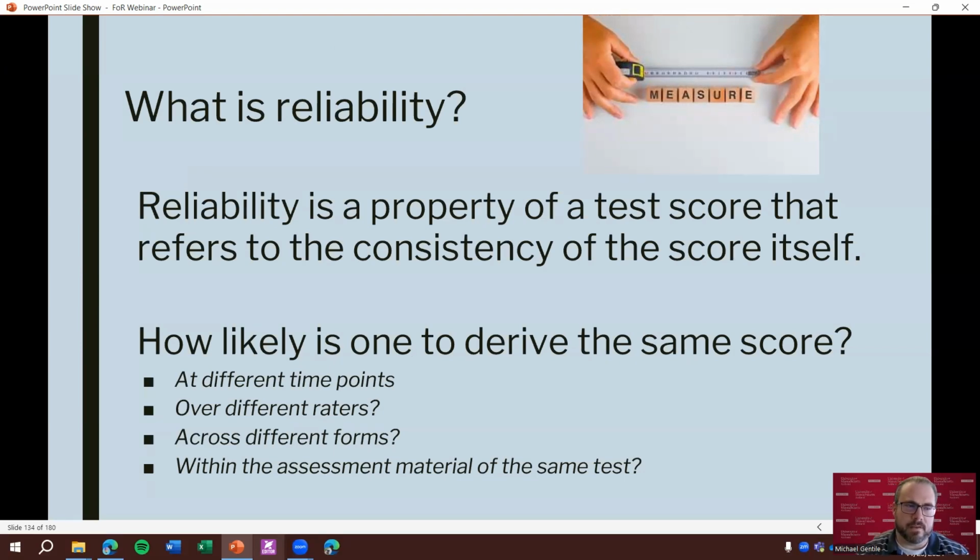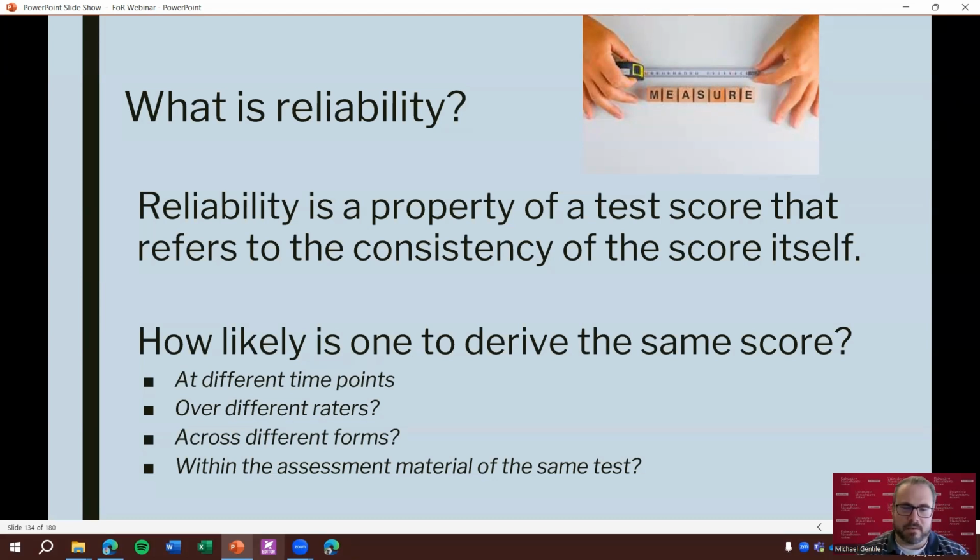So if I give this test to a student and I give them the same test a day later, and I didn't do any instruction between then, I would hope that their performance on the test would be, if not the same, then very, very close, right? So the consistency of the score to replicate itself is what's called reliability.